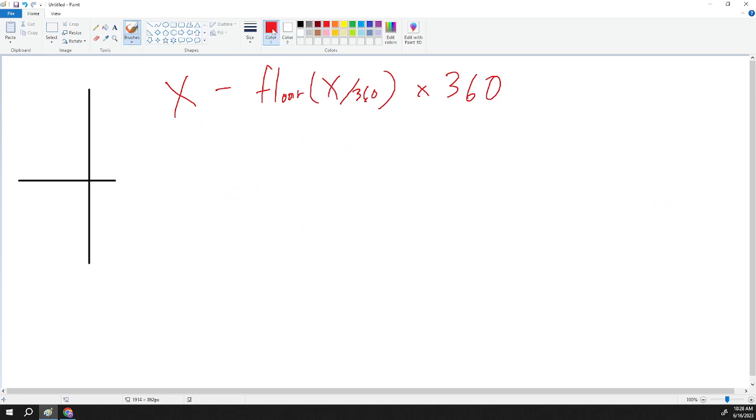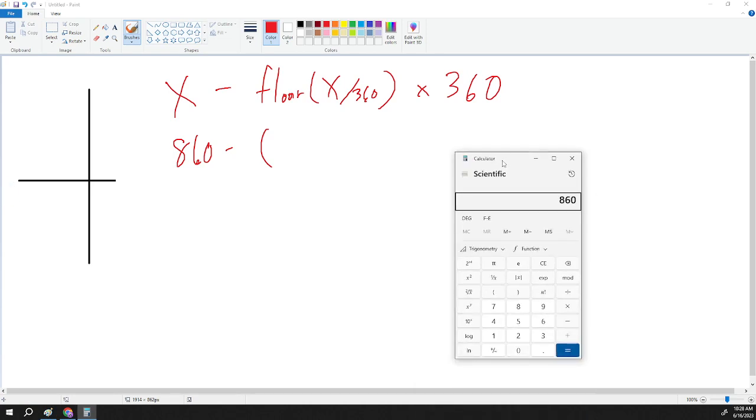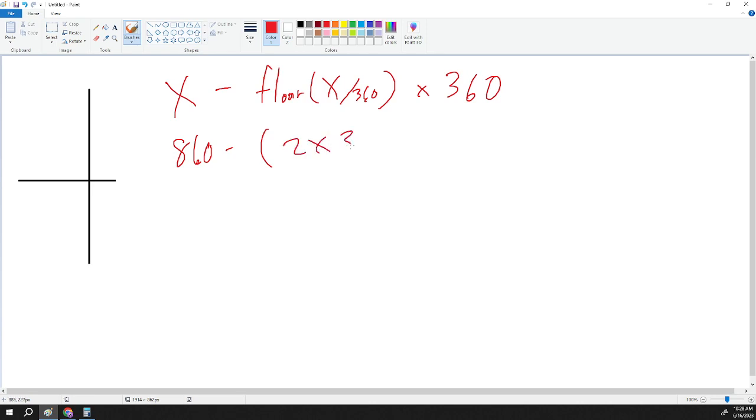If I give an angle above 360, not 720, say 860. 860 minus the floor of 860 divided by 360. On the calculator, 860 divided by 360 is 2.38. The nearest is 2. 2 times 360, we have 860 minus 720, you get 140.